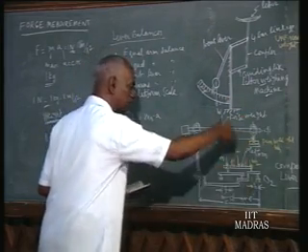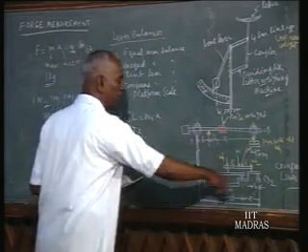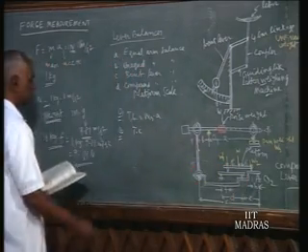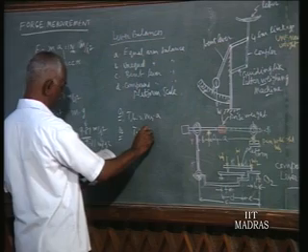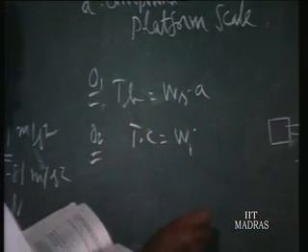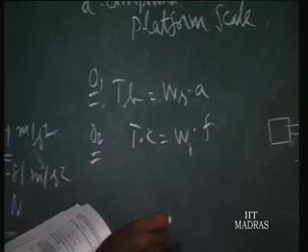The other reactions tend to rotate the lever in the anti-clockwise direction. That is two places, two forces. One is W2; we will see W1 first. The W1 part is W1 into F by D.